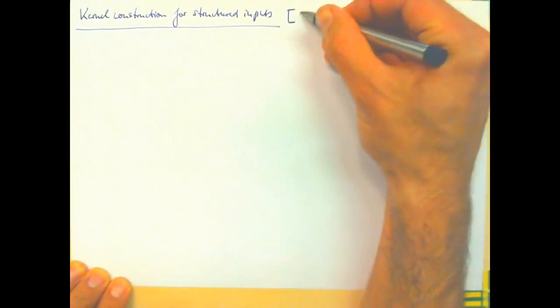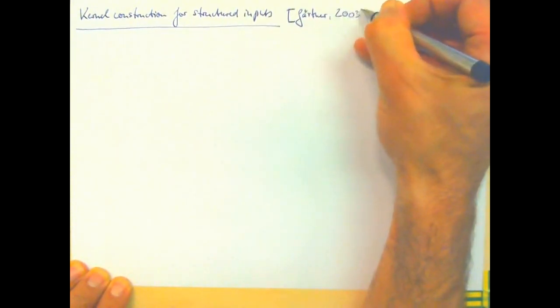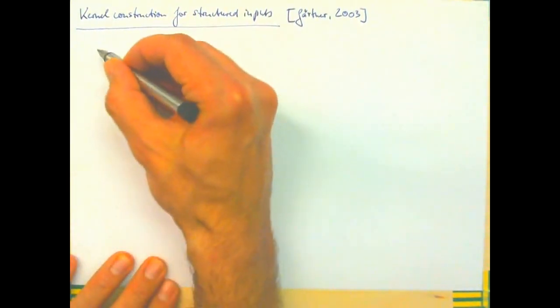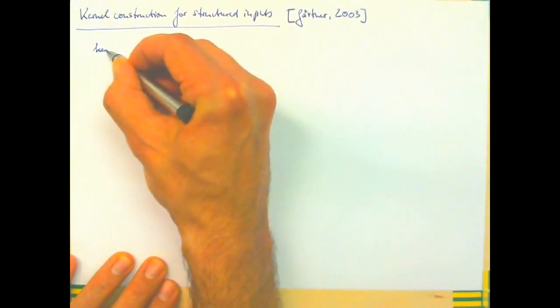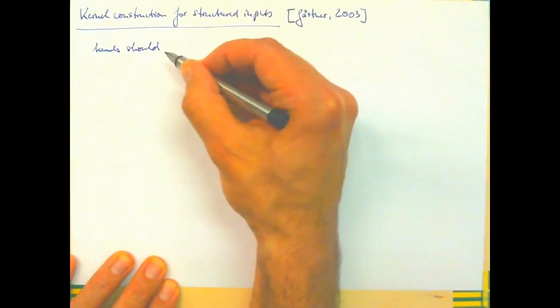And I'm following a review by Gärtner from 2003 here. In essence, what do we need? Kernels should reflect the similarity of two observations.